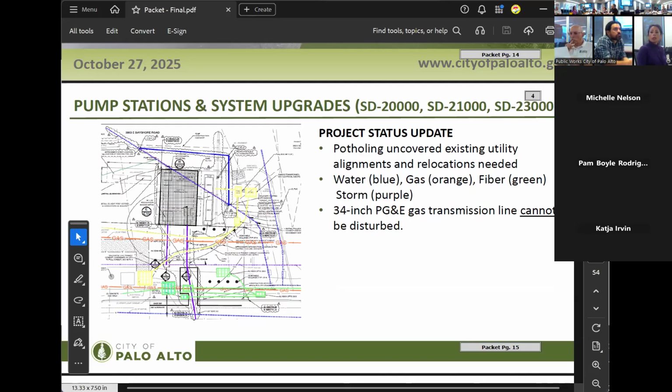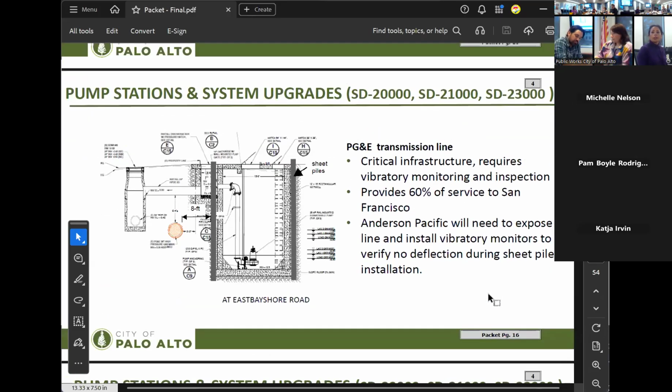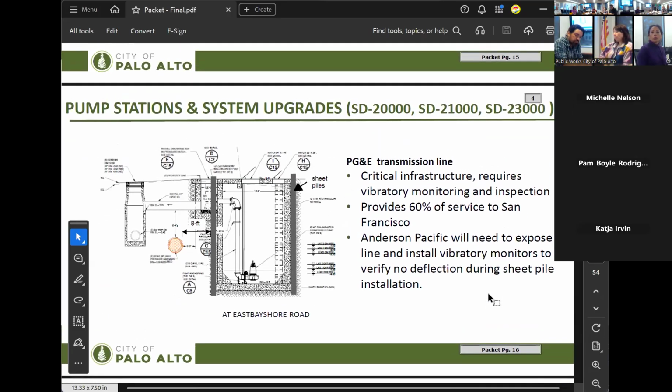One of the big issues in this location is also the 34-inch PG&E gas transmission line. You'll see that on the next slide. One of the critical pieces we're trying to do, given the size of that PG&E line shown in orange here, is we've been in discussions with PG&E about how to monitor that gas line. This is a main trunk line that serves San Francisco and the Peninsula. So if we do anything that potentially could be questionable, they need to be alerted.